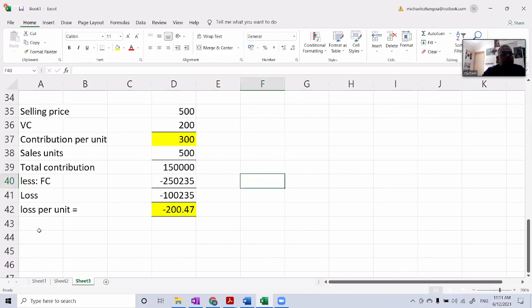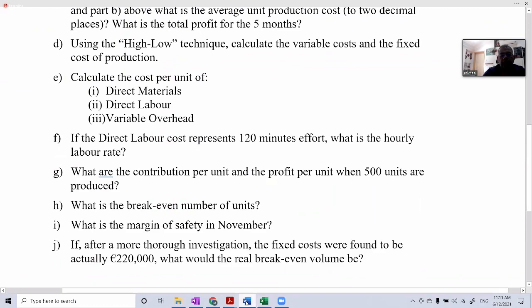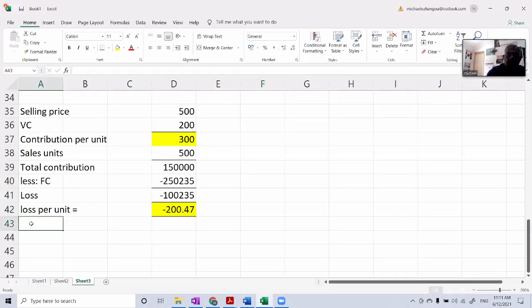Okay, now comes next, H: break-even number of units.